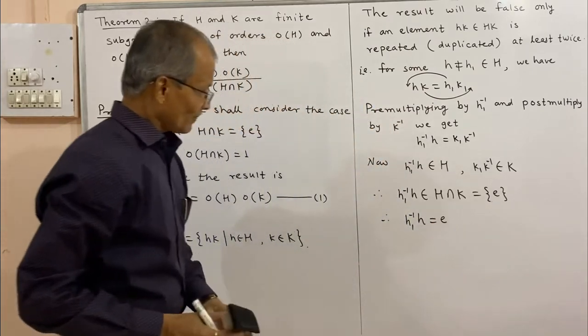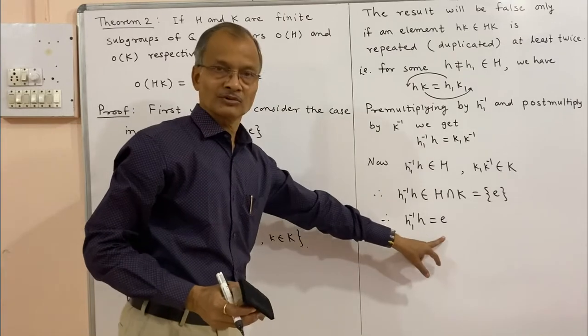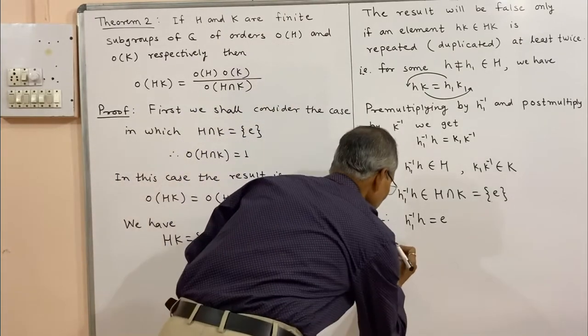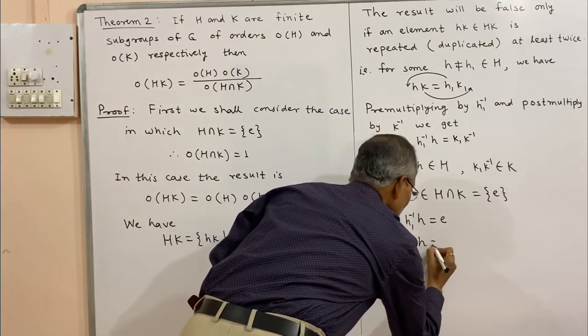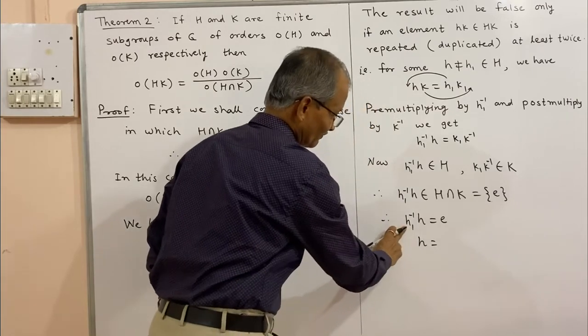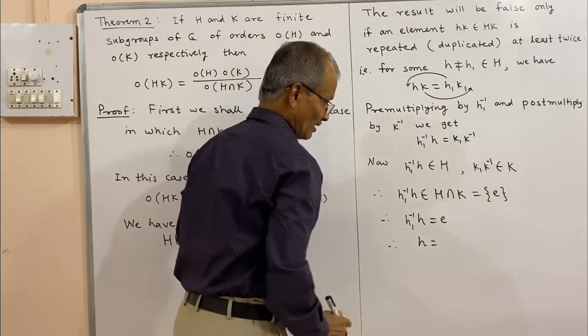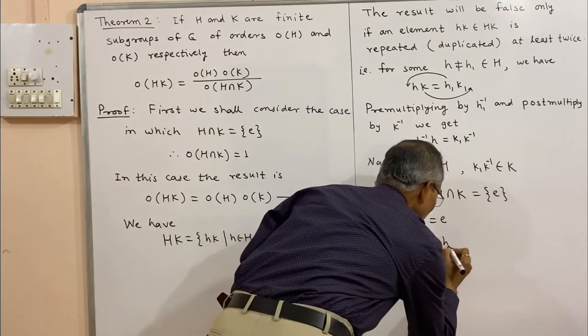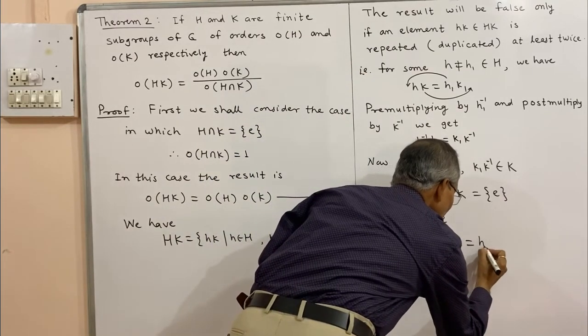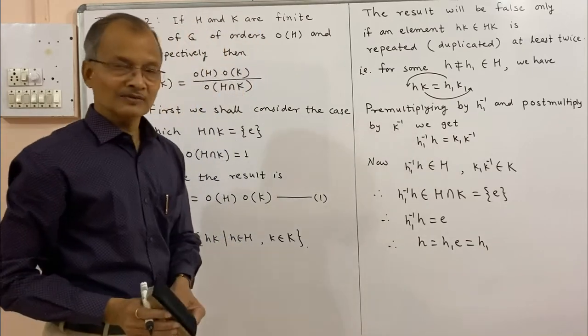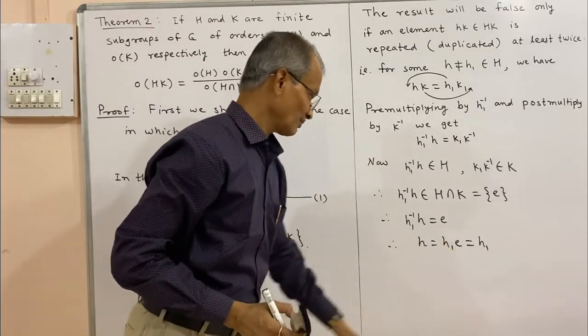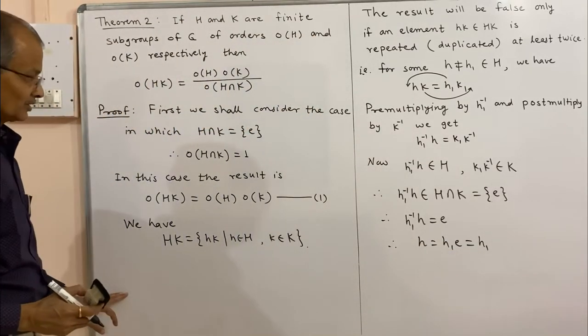Now we pre-multiply by h1 on both sides. So this implies h is equal to, if we shift this h1 inverse to that side, h1 into E. So h is equal to h1e, and that is h1. Thus we get h equal to h1, but this is a contradiction.